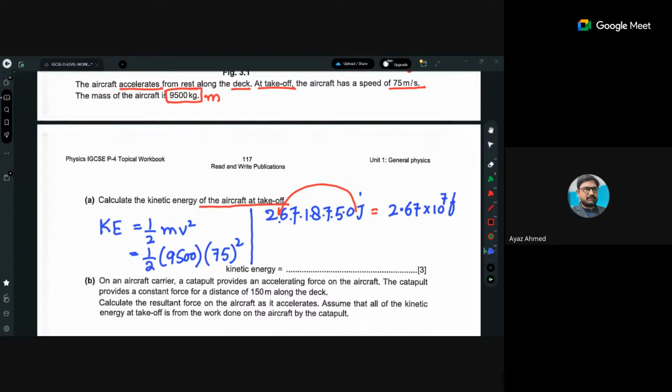There are three significant figures, and when I round it to two significant figures, it becomes 2.7 times 10 raised to the power 7 joules. You can write this answer and you will be awarded marks, or you write 27 times 10 raised to the power 6 joules, or you write 27 megajoules. All are correct.